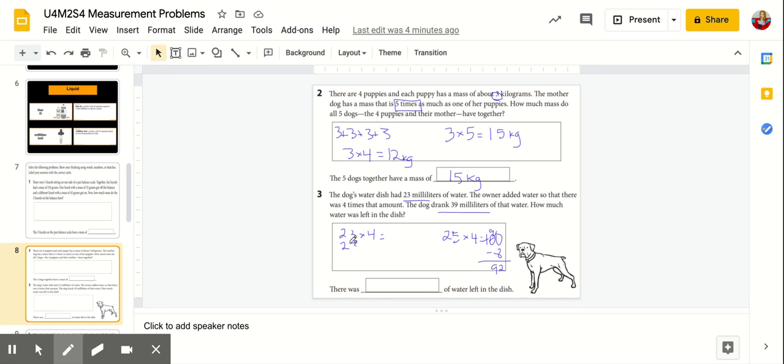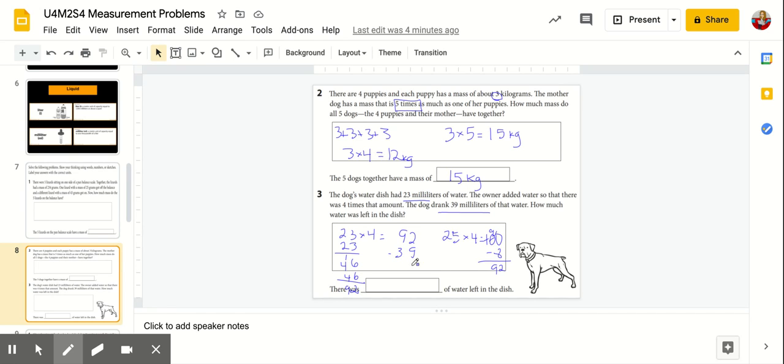If you didn't know how to do that, what could you do? You could add 23 plus 23. 3 plus 3 is 6, and 2 plus 2 is 4. And then add 46 plus 46, which is 92. Now we have to subtract 39 from 92.